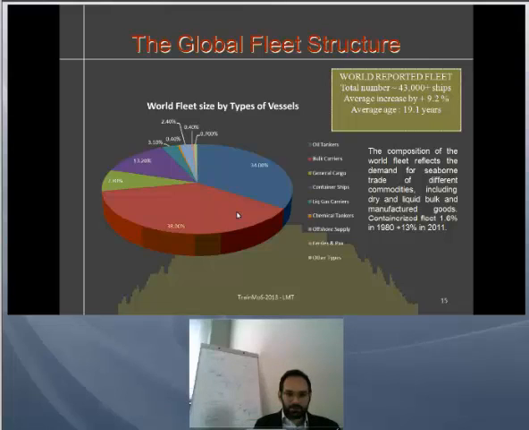And then they're followed by container ships that, as we said, have increased very much in the latest years, and also by general cargo ships. And of course, the other ship types follow with smaller parts of the fleet.